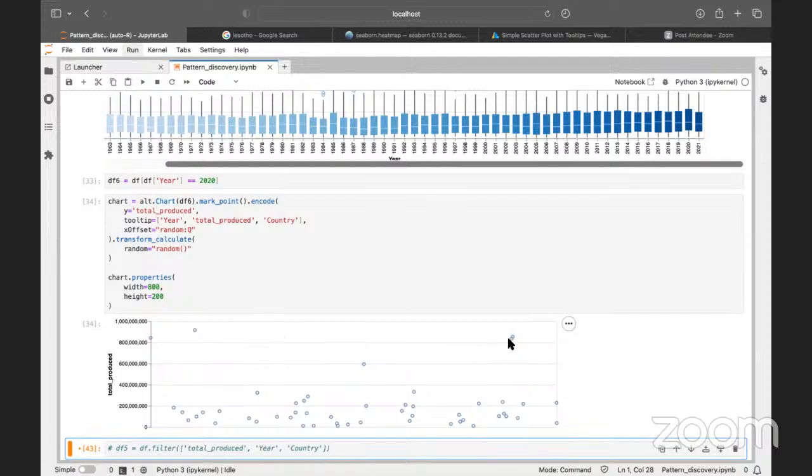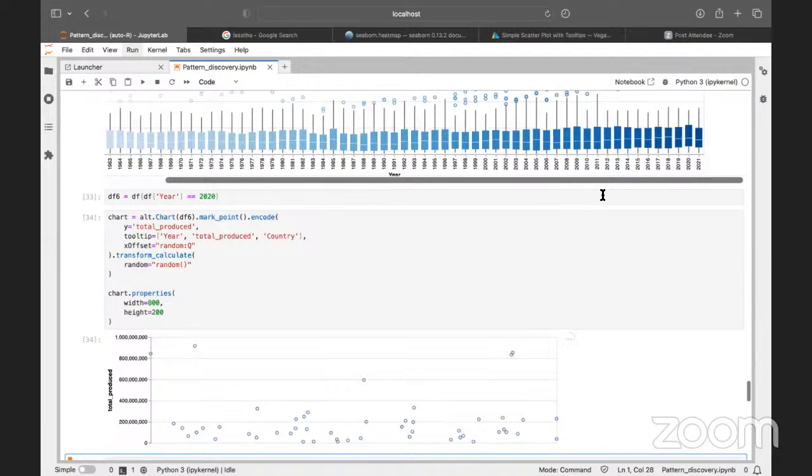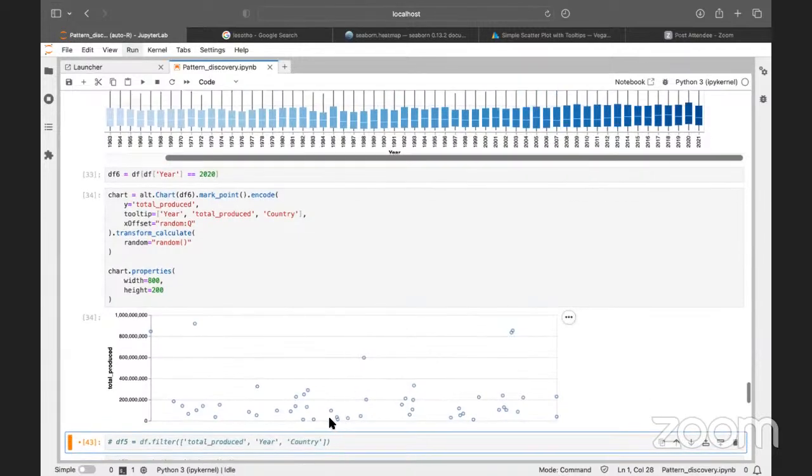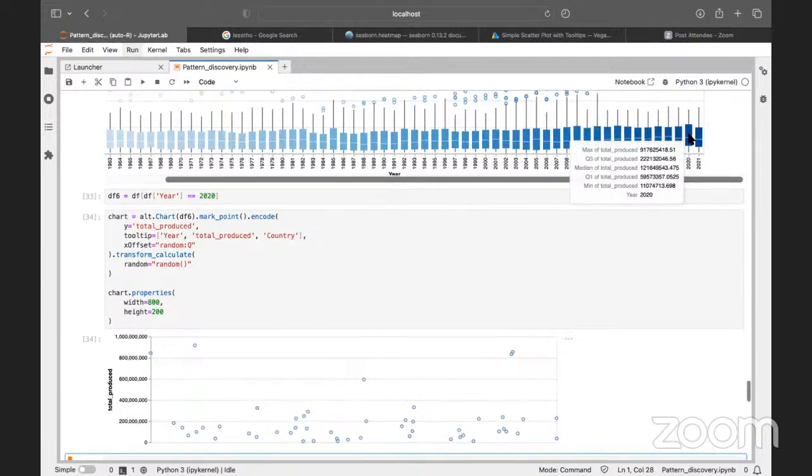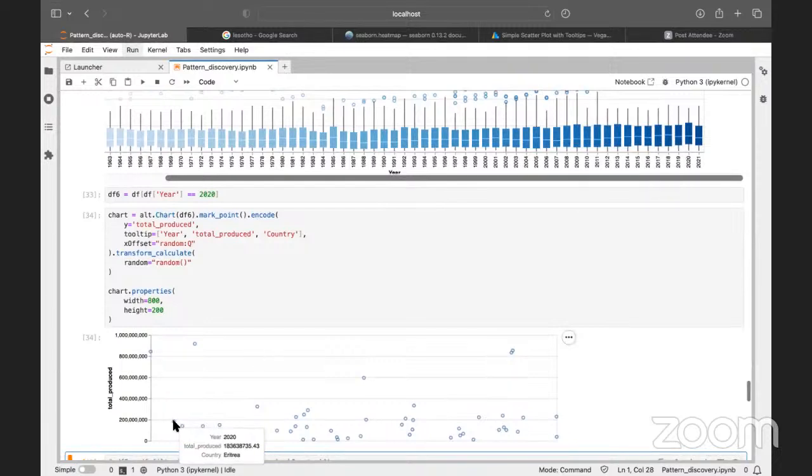We see South Africa and these other countries. We also see the countries that fall within this range, and we get to inspect this a lot more closely, including the countries that are very close to the bottom. So we see that our median is this value. Let's say we want to narrow down and try to figure out where our median is.